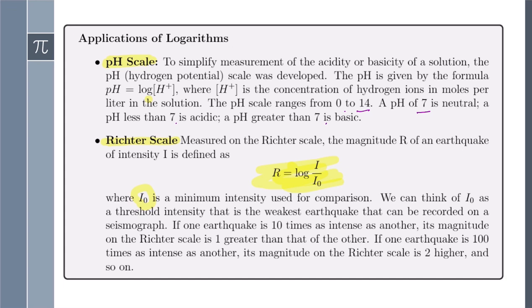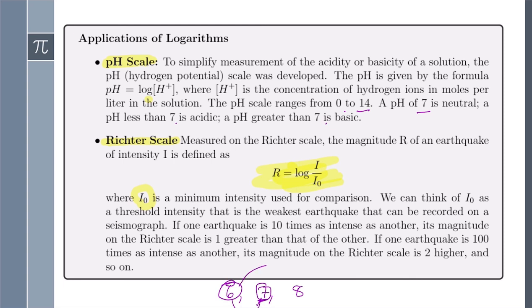Now the interpretation of these Richter scale numbers: for example, if we have a 6 Richter scale earthquake and a 7, the 7 is one more than the 6, but in terms of interpretation, we say it is 10 times more intense than the 6 Richter scale earthquake.